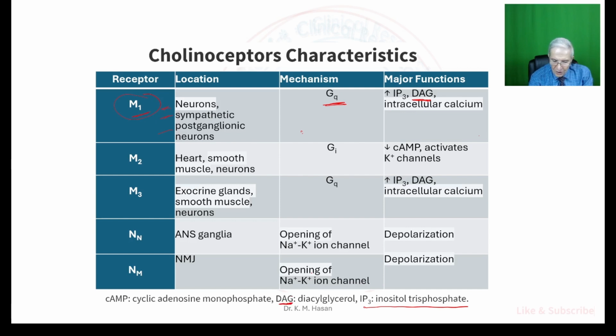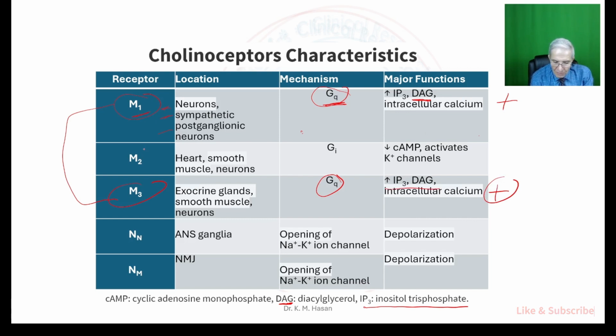Okay, this is M1. Speaking about M3, both M1 and M3 work on the Gq protein, so no need to repeat it. So for M1 and M3, the result will be activation through IP3 and DAG.